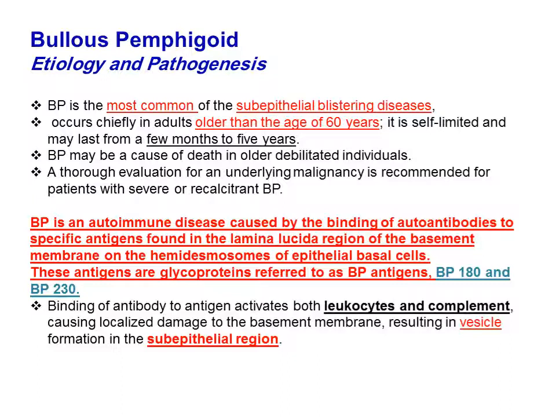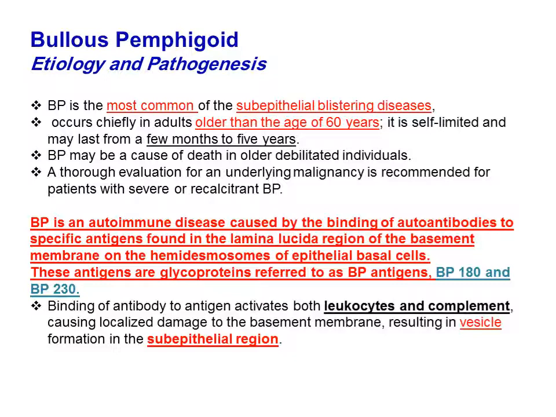Bullous pemphigoid is an autoimmune disease caused by the binding of autoantibody to a specific antigen found in the lamina lucida region of the basement membrane, on the hemidesmosome of the epithelial basal cell.